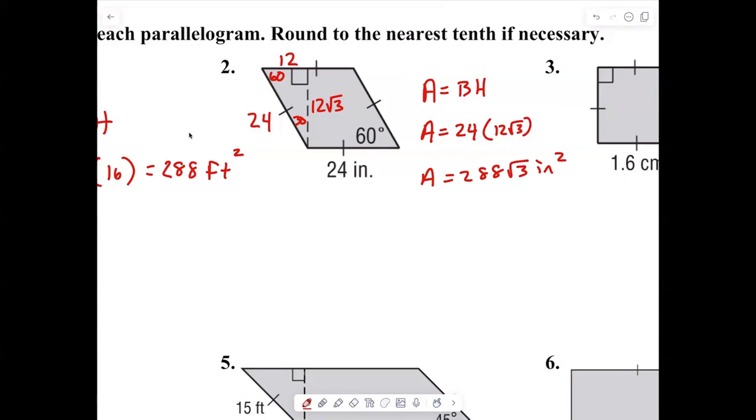All right. So in this case, we would say I'm missing the height, correct? And I have the hypotenuse, correct? So that would be what? Sine of 60 is equal to what? X over 24. All right. So now everybody take your calculator and go X equals 24 sine 60.